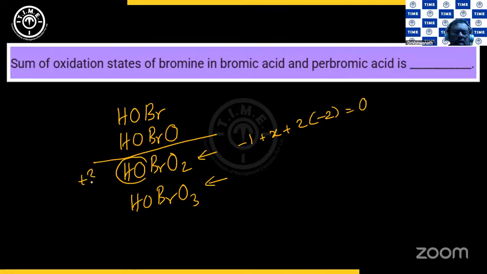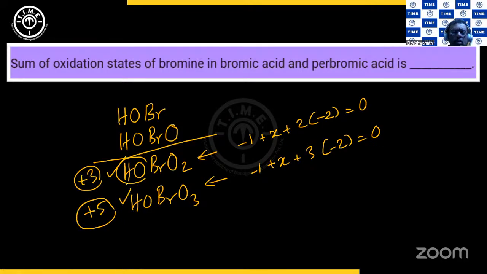X is +3. Correct? Look at the next one. -1 plus X plus 3 into -2 is equal to 0. So this is +5. Bromic acid, perbromic acid. Add up. Have we made any mistake here? +1 -2, HOBr. There is some mistake done. This is +1. This is +3. I'm sorry. This is +5 and this is +7.